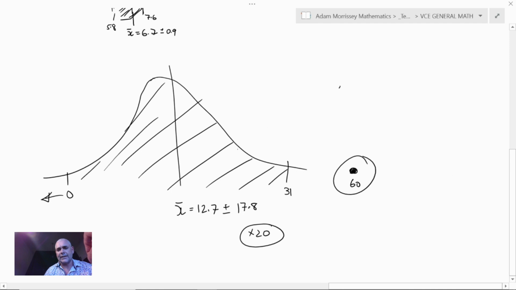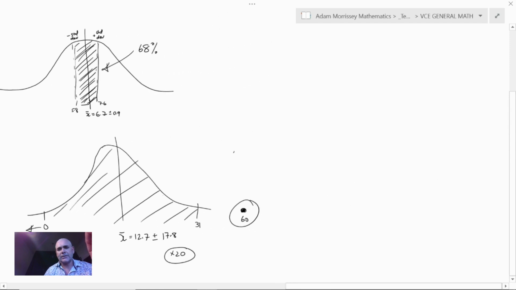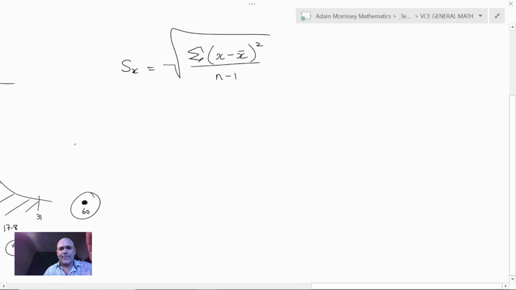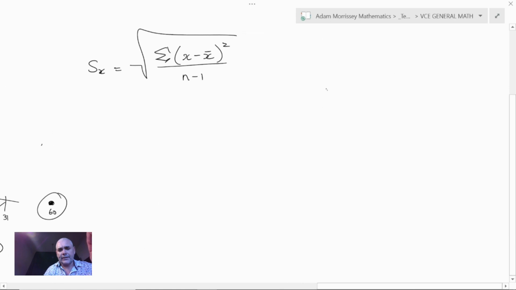and I think the key thing to understand here is why has it done that? And it comes back to the formula. So let's look at the formula for the standard deviation and get some sense of what this formula is doing. And that's why I've set this question, and that's why I've focused in on this question. And here's the formula, and let's for a moment just think about the mean.